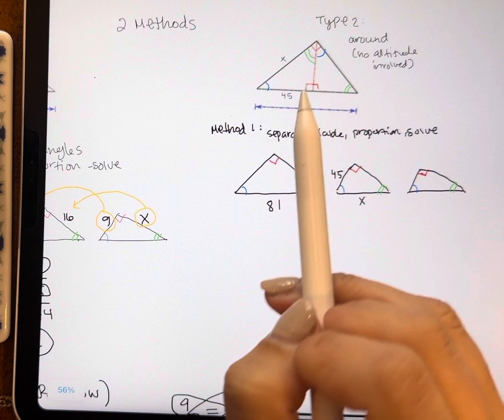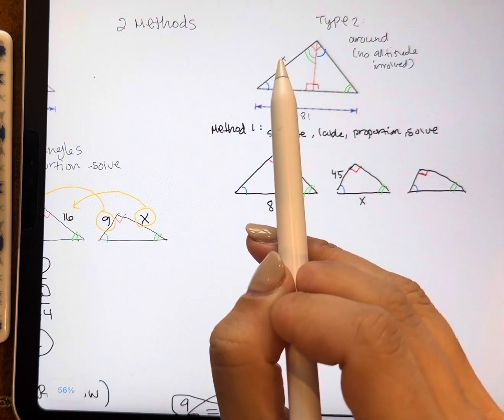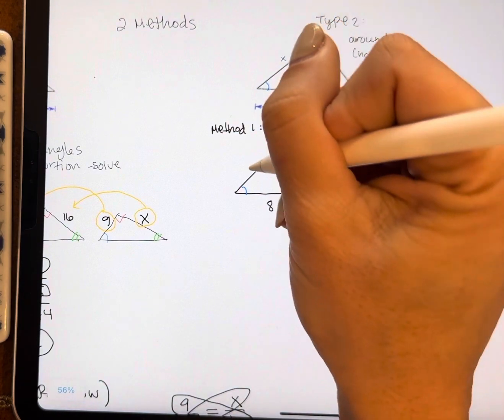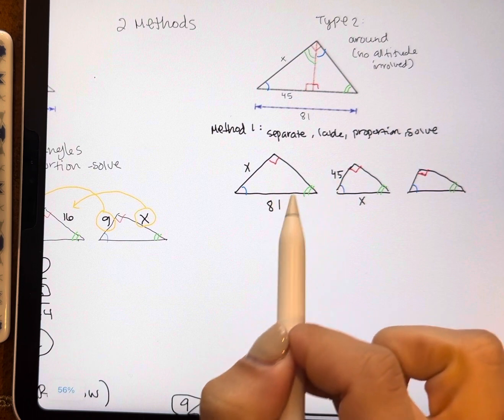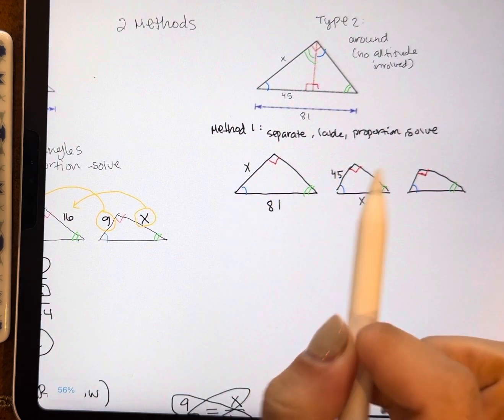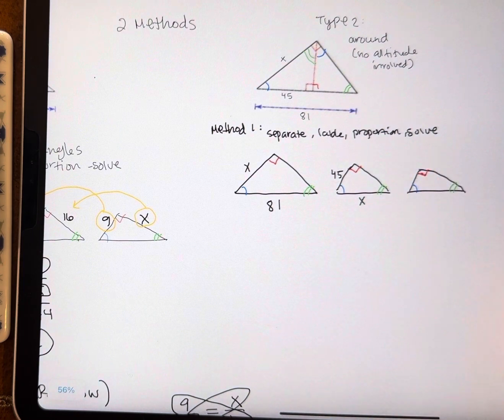No, I can't have nothing else. X is also the leg across the green angle in the largest triangle. Now, I can see here that I've got enough to make a proportion right now. But if I wanted to, I could subtract 81 from 45, get this side, and just to see what else I find. But I don't need it in this case.